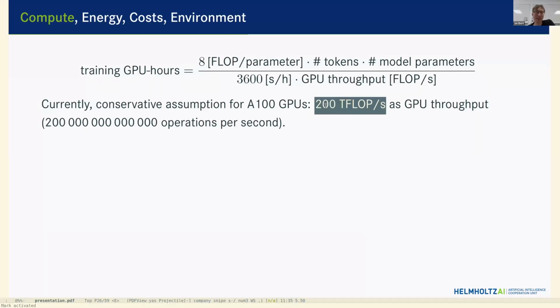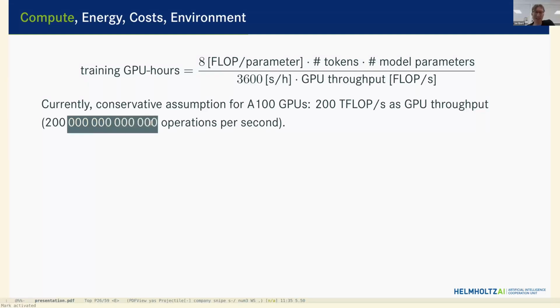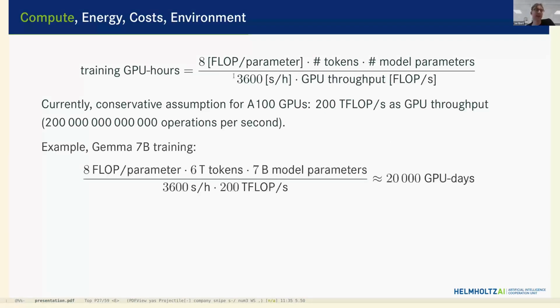So this is 200 with 12 zeros, that many number calculations per second, which I think is kind of incredible. And this is already a conservative estimate on how well we can use them. Anyway, now we have the numbers for this formula, so let's punch in everything else.